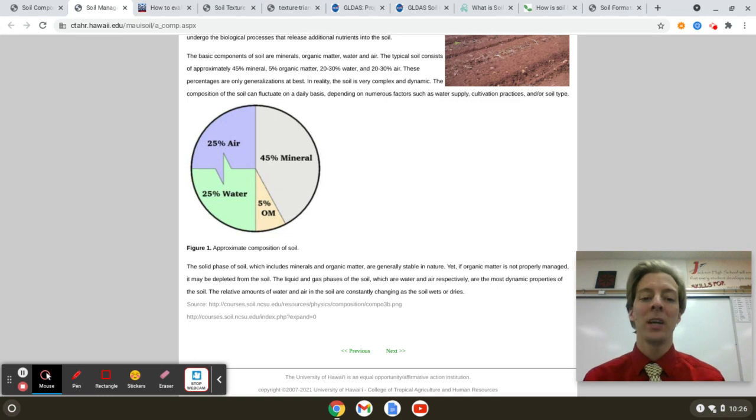It's living or formerly living things. That's what humus is. Air and water, those are the four components. And this is a good mixture for what the composition of soil is. This varies a lot, right? The organic matter varies a whole lot.